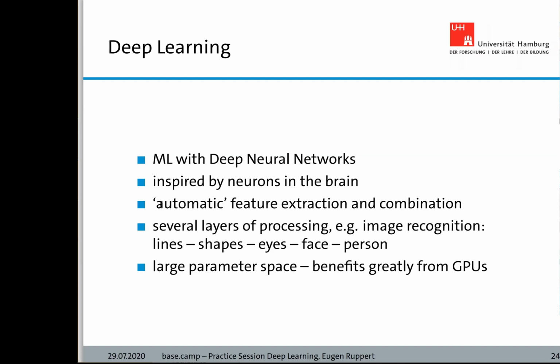But the nice thing about this is that neural networks perform some automatic feature extraction and combination. So actually, you don't have to spend that much effort on this third step that we've talked about before. And it also has these layers of processing. For example, in image recognition, you would start with identifying lines and then combining those lines to identify shapes.